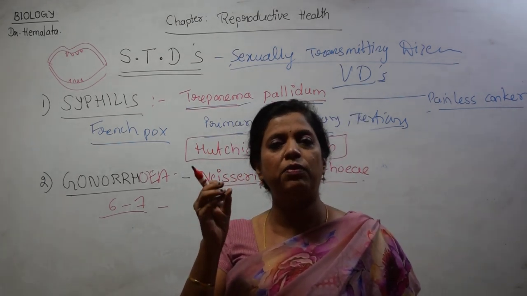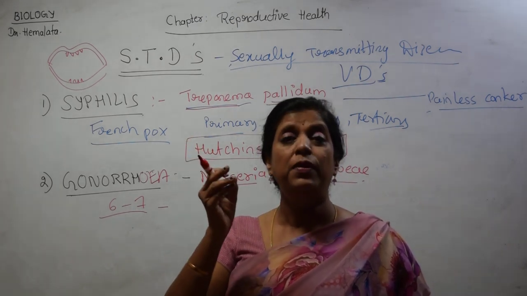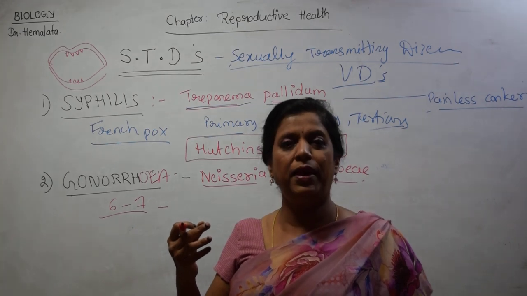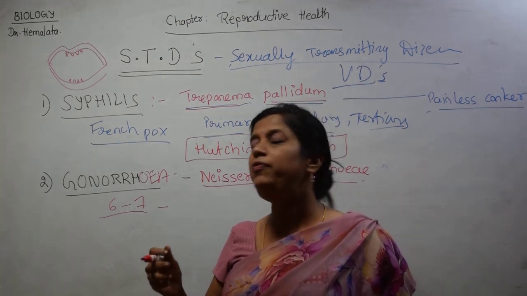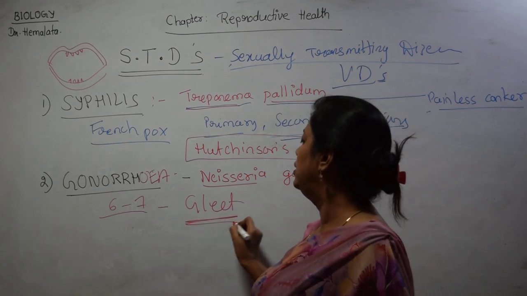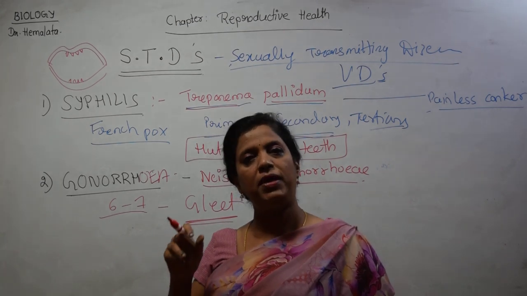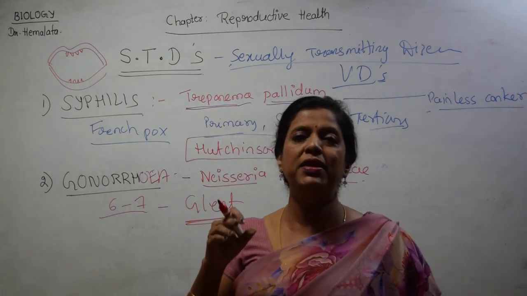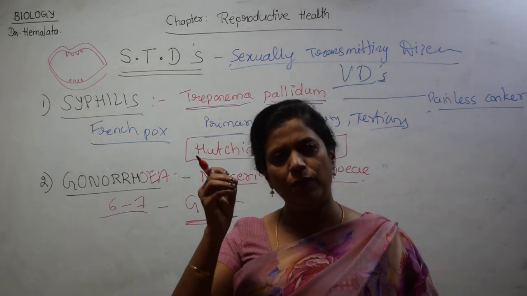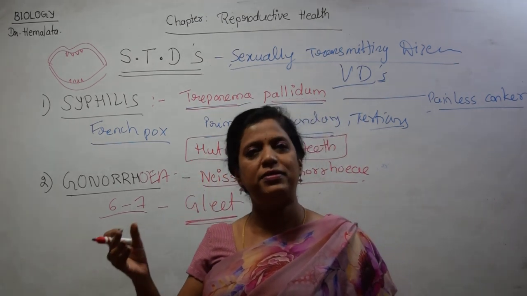In females, from the vagina, they start producing a pus-like discharge. It's an exudation, right? And it will be very sticky. We call that gleet. Gleet is a pus-like fluid released from the vagina in females, and in males, through the penis. It is a sticky fluid, and it is very painful when it is released.